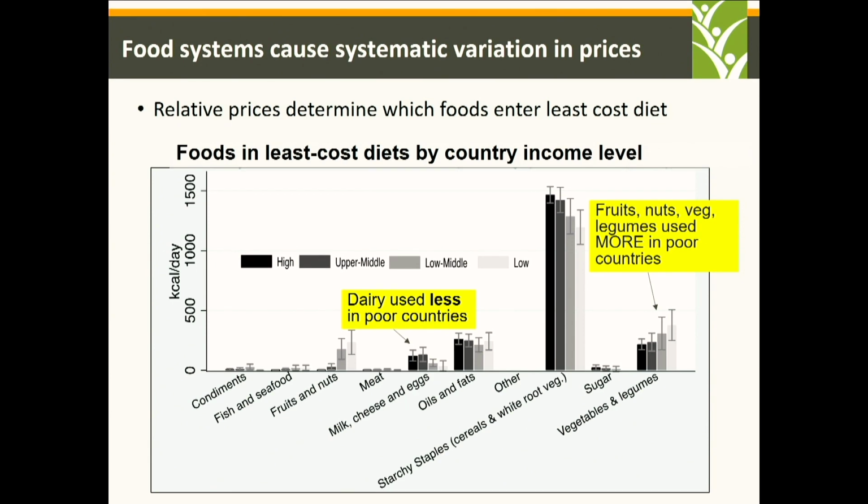Whereas, contrarily, you see a relatively larger share of the energy coming from fruits, nuts, vegetables, and legumes in low-income countries, as opposed to high-income countries. Basically, low-income countries are making up the challenge of meeting nutrients without consuming animal source foods such as milk.